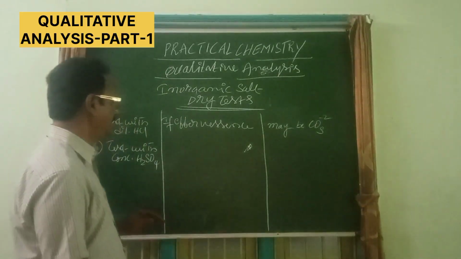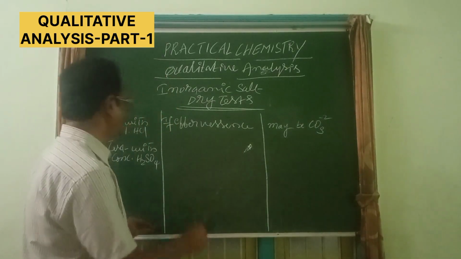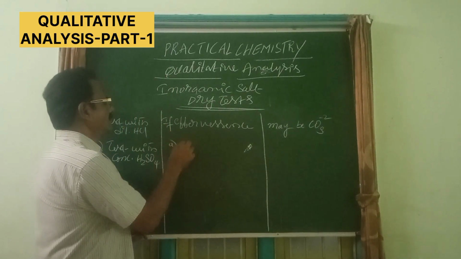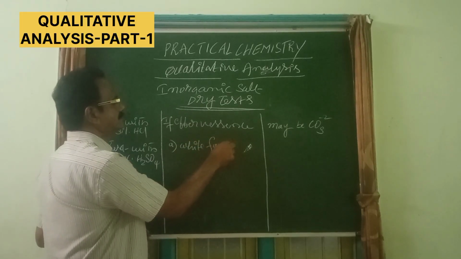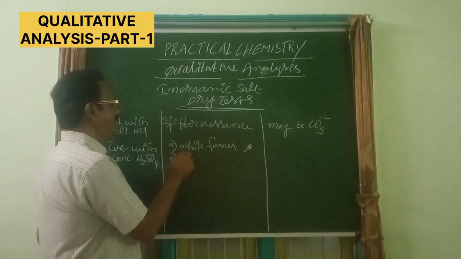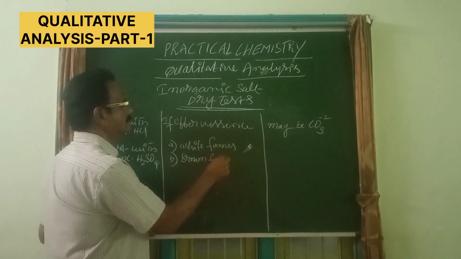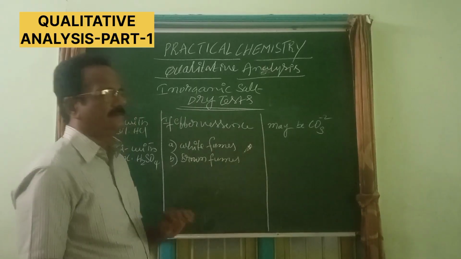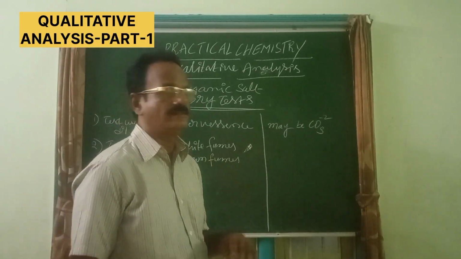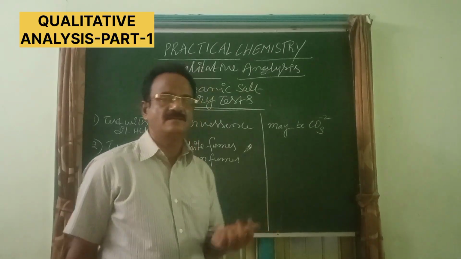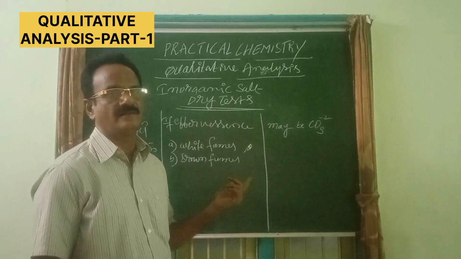Then there may be two observations: A, white fumes, B, brown fumes. These two observations will not appear at a time. Keep in mind, if there are white fumes, you can't expect brown fumes. If there are brown fumes, you can't expect white fumes.